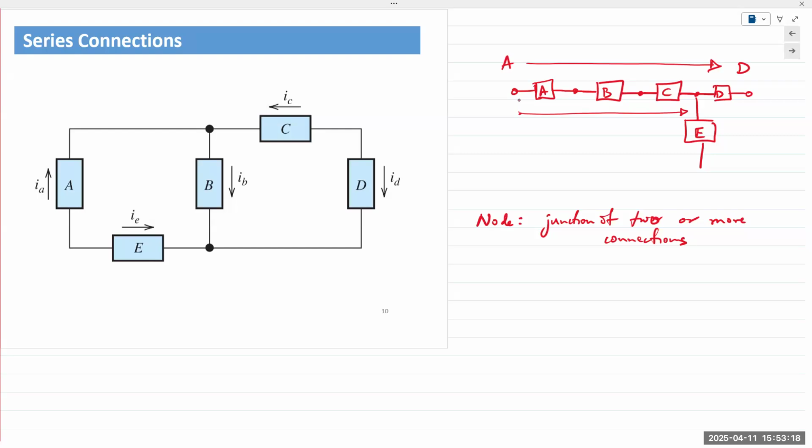So if you look at this example, which elements can you identify that are in series? Let's first eliminate the ones that have three connections. Which node has three connections?